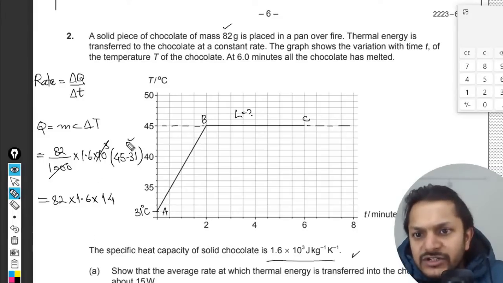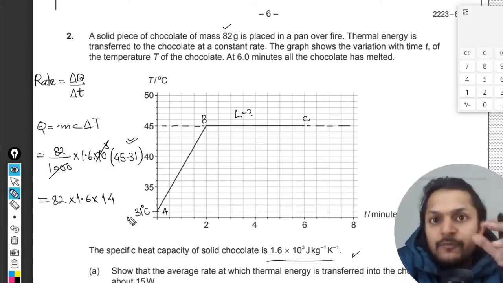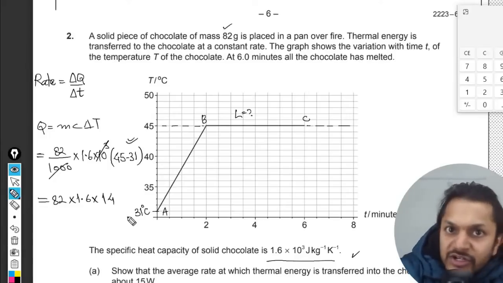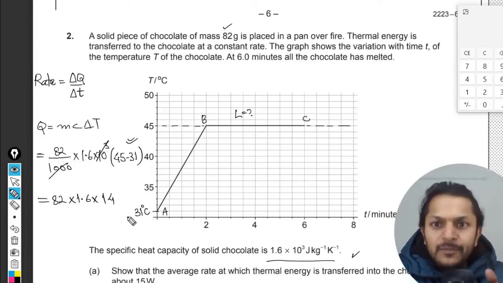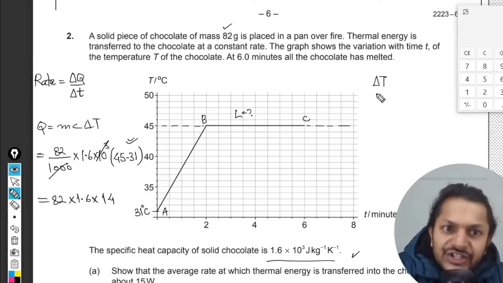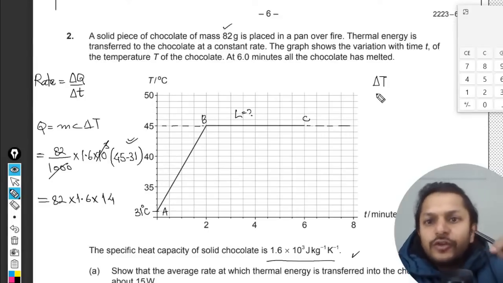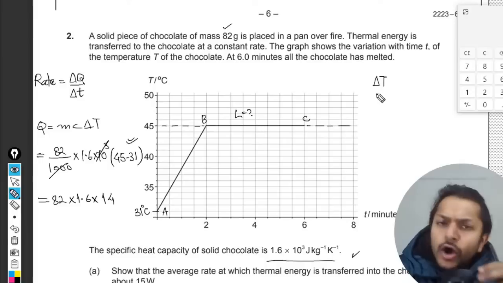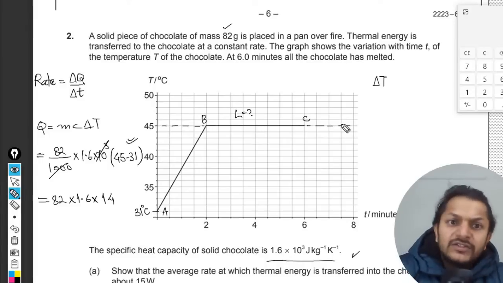And my dear students, those who are confused about how I am finding delta T without converting temperature into Kelvin, if you are concerned with delta T, that is the change in temperature, whether you go for degree C or you go for Kelvin, you would be getting the same answer.